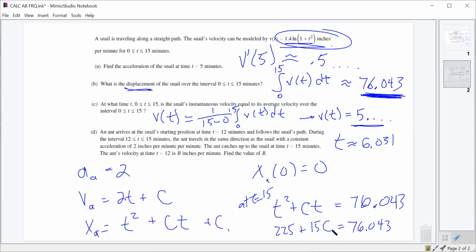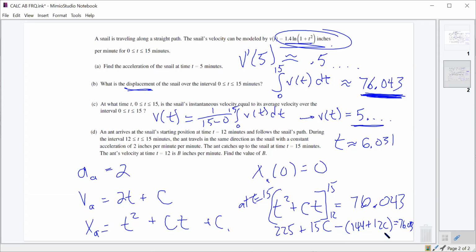Oh, sorry. This is our integral from 12 to 15, because that is how far the ant traveled from t equals 12 to t equals 15. And so we use that to solve for c. Does that make sense, that setup?